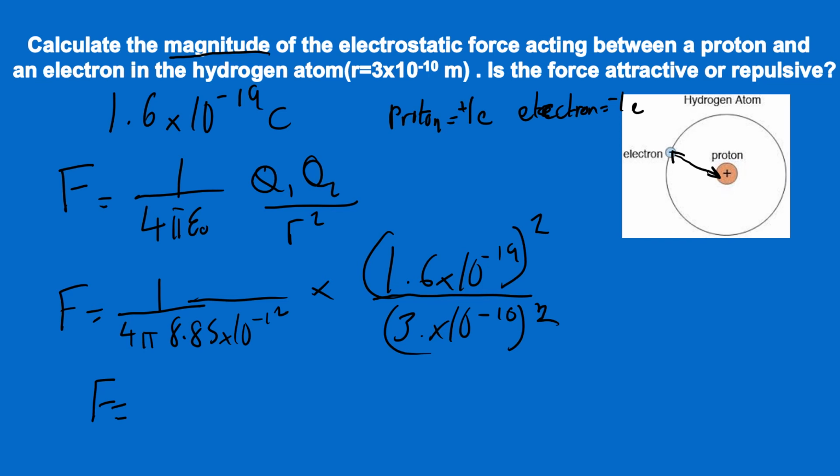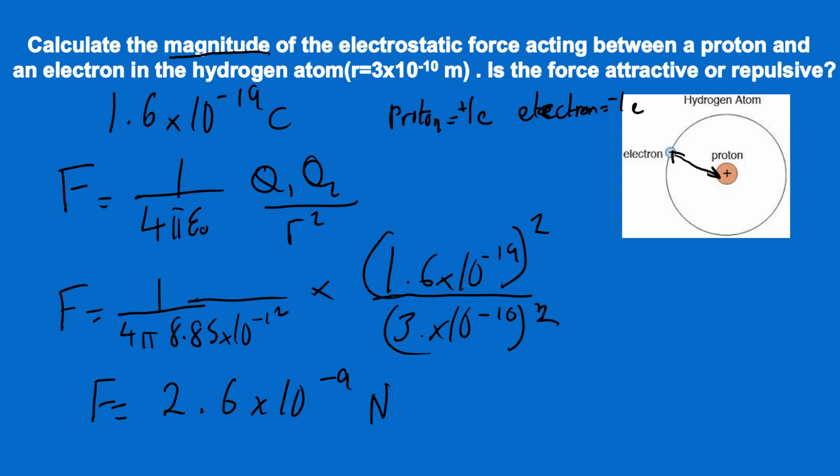So we get a force to two significant figures of 2.6 times 10 to the minus 9 newtons. So you can see that electrostatic force is much greater than the size of the gravitational force between these two objects, as we looked at in the starter question.